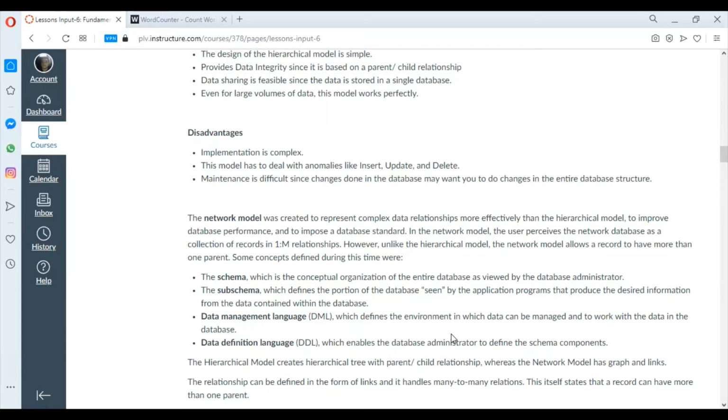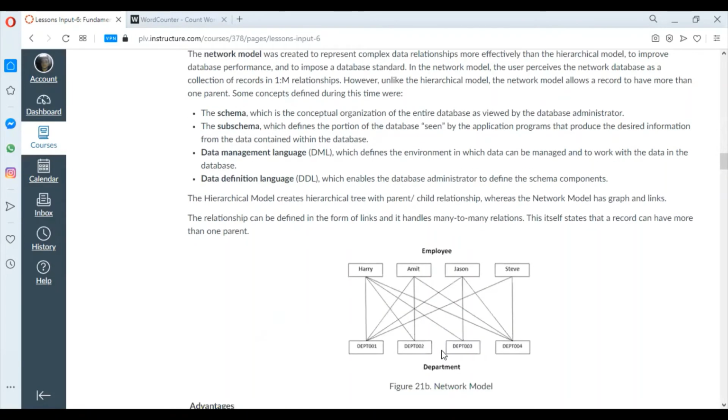We also have the DML, or data manipulation language, which defines an environment in which data can be managed and worked with in the database. And we have the data definition language, or DDL, which enables the database administrator to define the schema components.